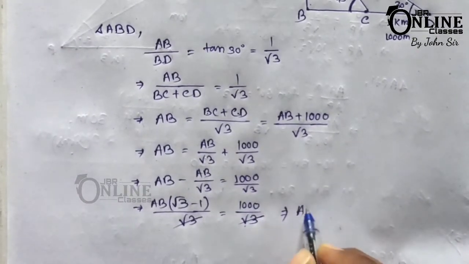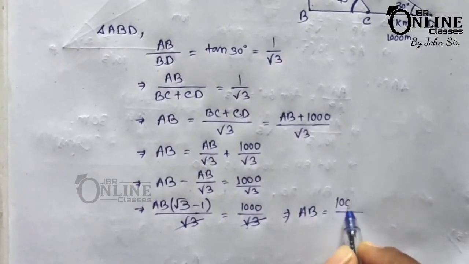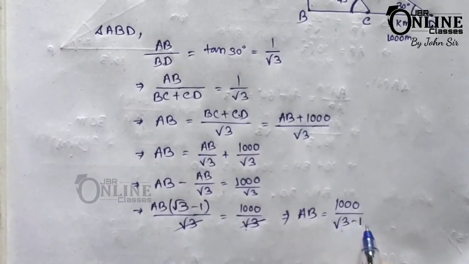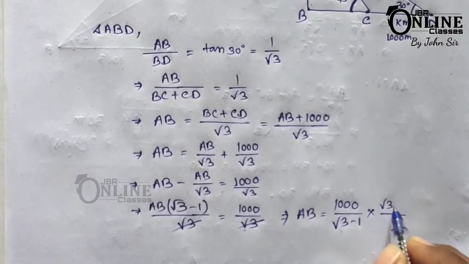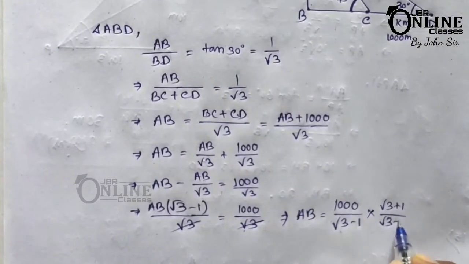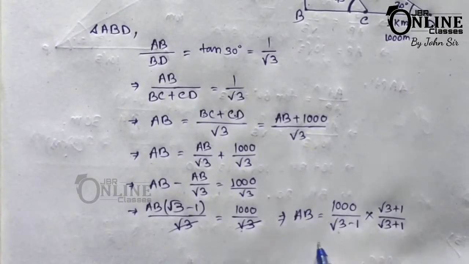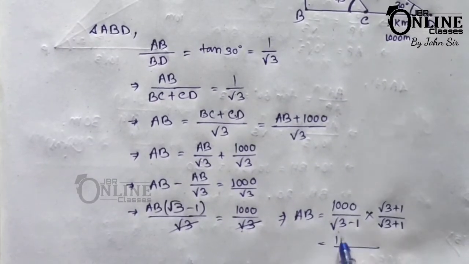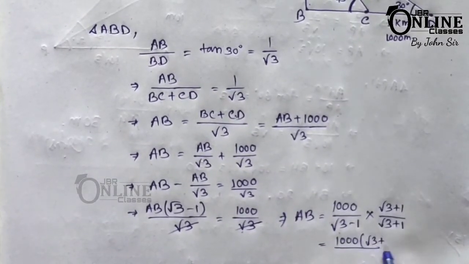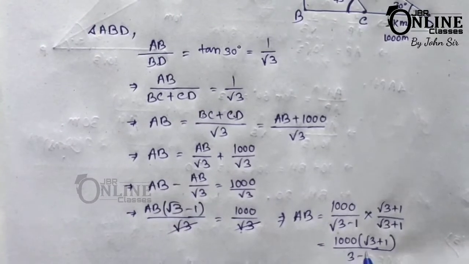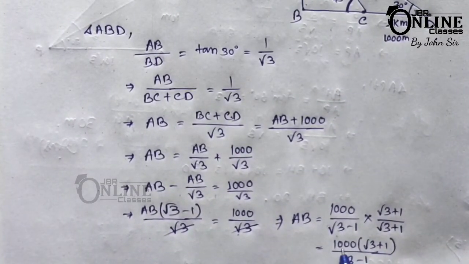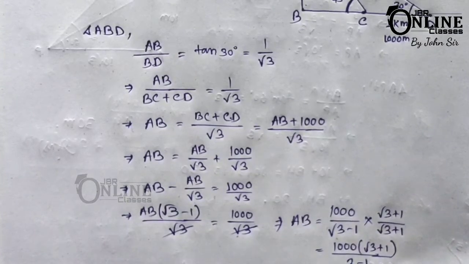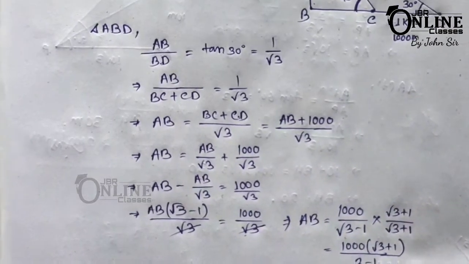So finally AB equals 1000 by (root 3 minus 1). Now we multiply root 3 plus 1 from up and down, and then you will get 1000 into (root 3 plus 1) by (3 minus 1), that becomes 2. Now 2 will be cancelled out with 1000, and you will get 500.